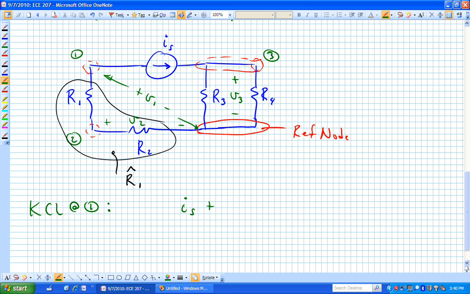I want to just illustrate 3 different equations, 3 different KCL opportunities. But what I was suggesting by indicating R sub 1 hat is if you want to minimize your workload, I would combine R sub 1 and R sub 2 into one equivalent resistor and then just have 2 nodes to worry about. But we're not doing that.